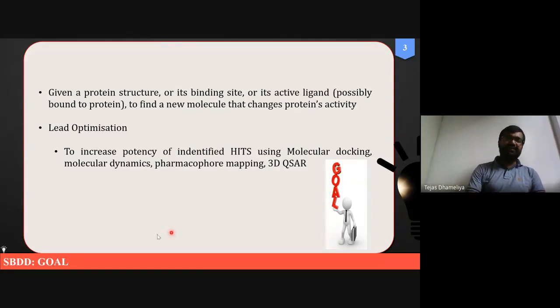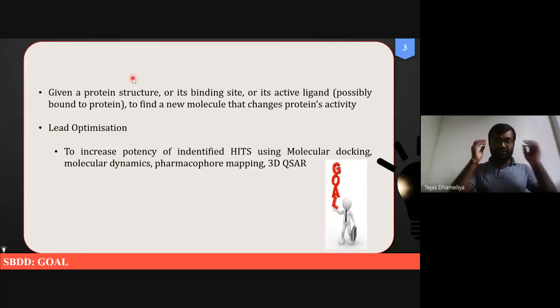With the help of these techniques, structure-based drug design is developed. Once we have the structure of the protein, then very well we can deal with it. This is one of the goals of structure-based drug design. Our purpose is to increase the activity of the molecule. We want to search for a new molecule, just like for COVID-19, coronavirus disease 2019, one of the bigger enemies of human society.